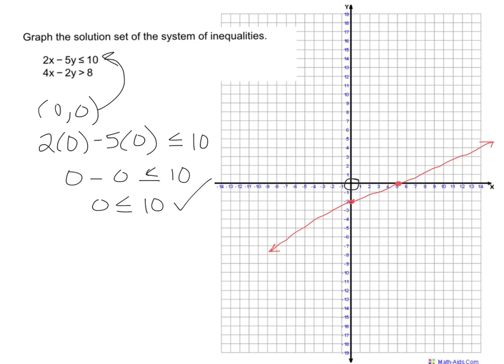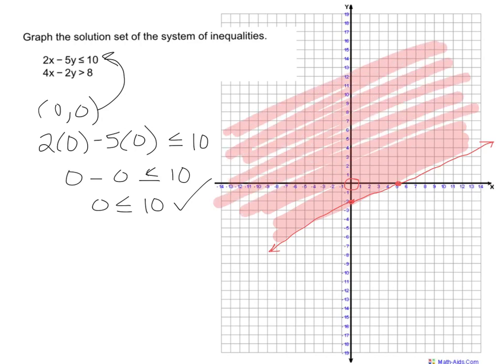So that means the point (0, 0) is included in my solution. So since (0, 0) is above that line, I am going to shade everywhere above this line. Okay, so all of that is shaded.